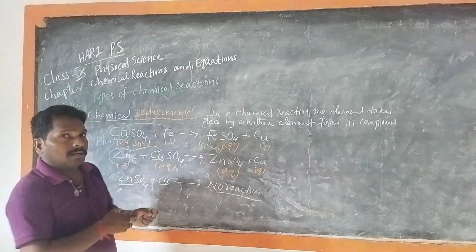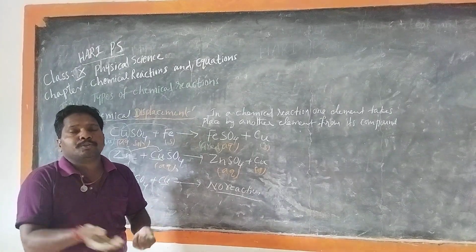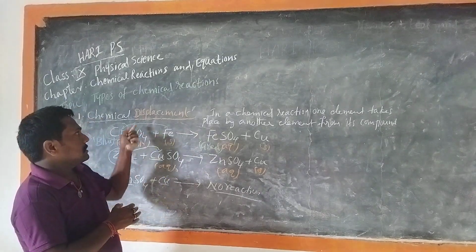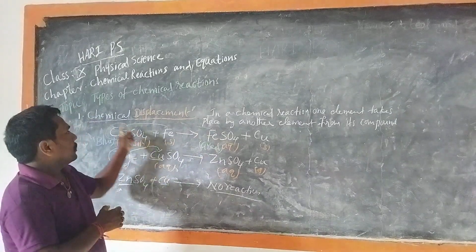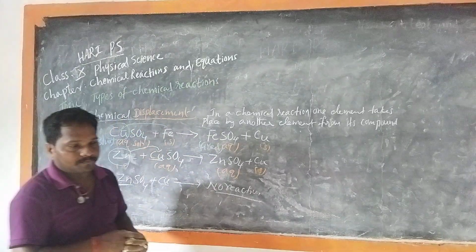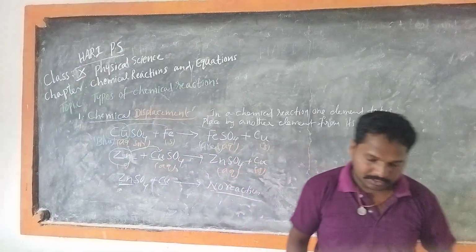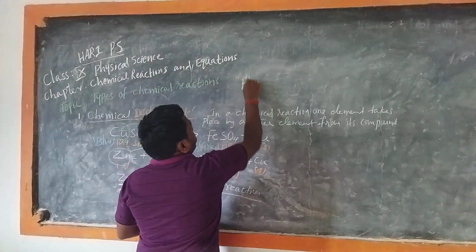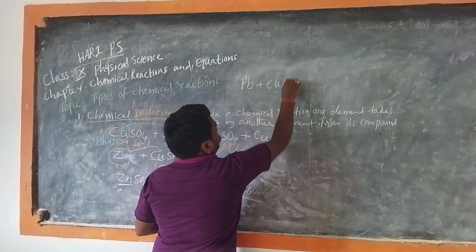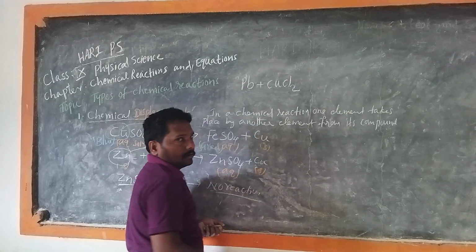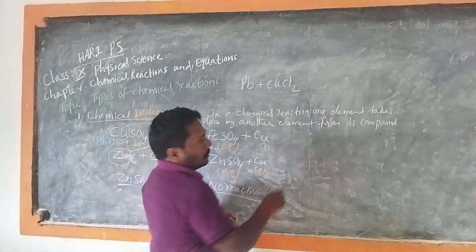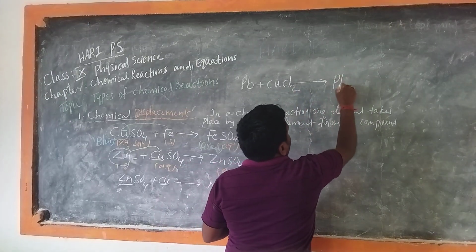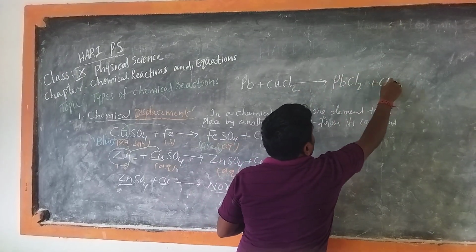Coming to the metals, simply you can say that a highly reactive metal can displace a low reactive metal. Such reactions are also examples of chemical displacement. If you take one more example, lead plus CuCl2, copper chloride aqueous solution, it forms lead chloride and copper.